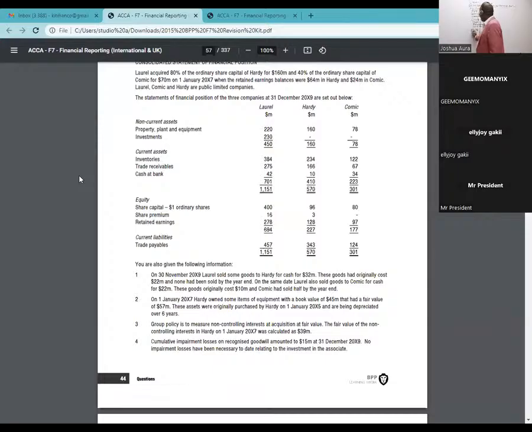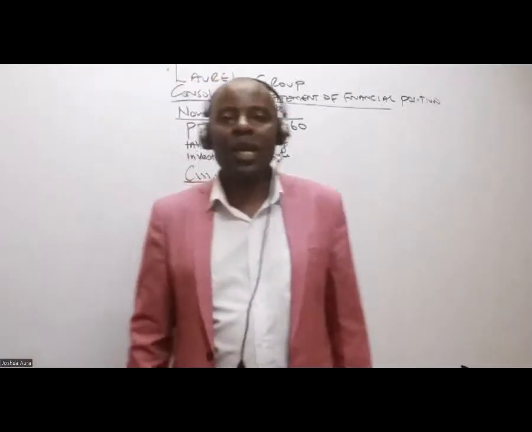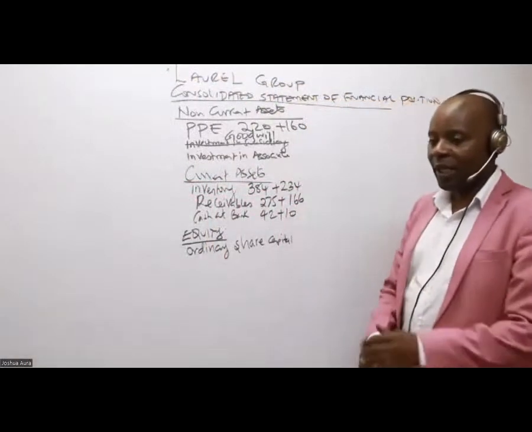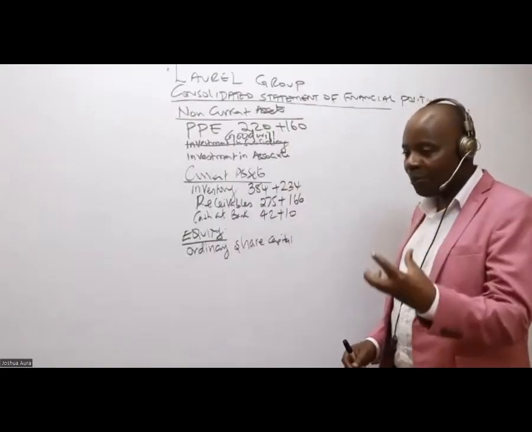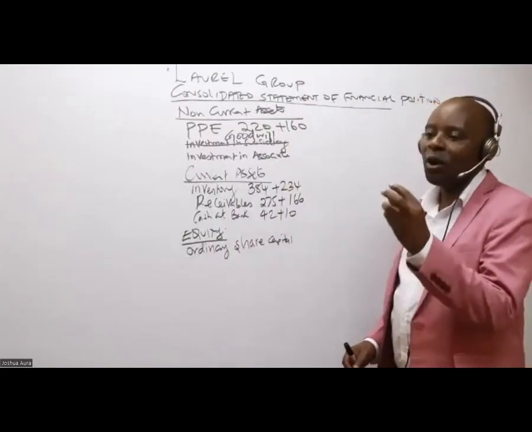I will start with ordinary share capital. This one is normally a free mark. What do you know about ordinary share capital for group consolidated accounts? Anybody who has an idea? I shall always pick the parent only figure.